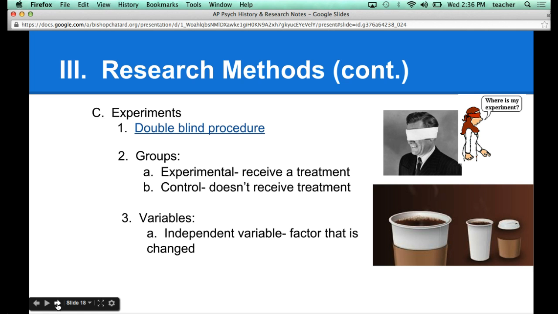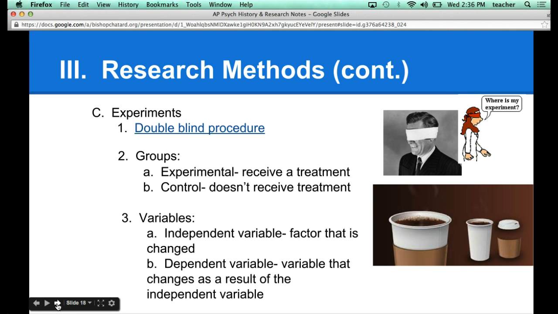Whereas the dependent variable is what we're looking at, what we're measuring as a result.